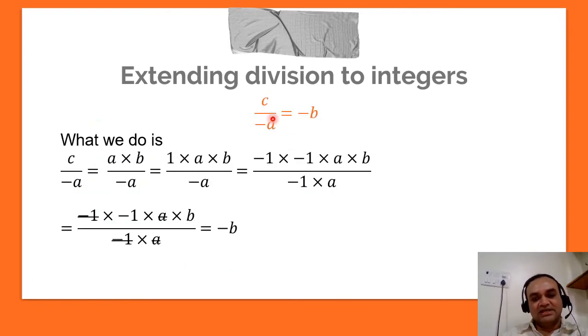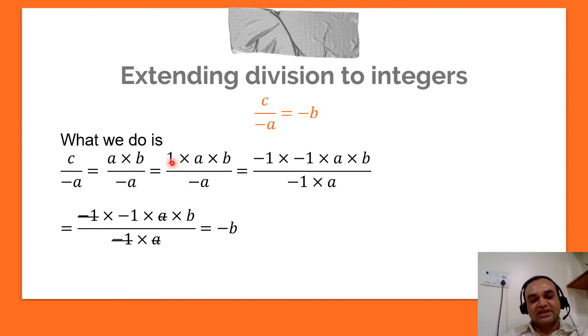So let's see that again. So c divided by minus a equal to minus b, and why is that? That's again, we just factorize the numbers as before. So c is factorized as a times b and divided by minus a.